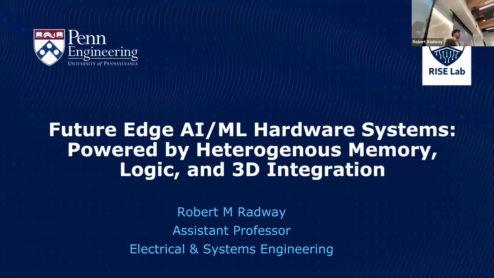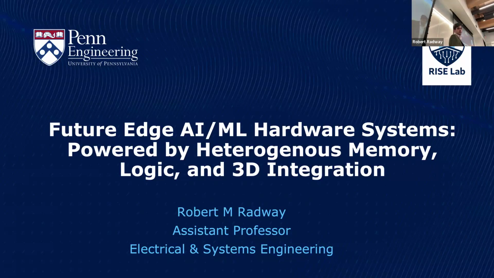So today what I'll be talking about is mostly how we build better ASICs for machine learning at the edge. And not just thinking about the algorithm design, but also thinking about the hardware design, the choice of memory technology, how we build scalable systems, and how we think about new integration techniques to scale up to larger and larger machine learning models.